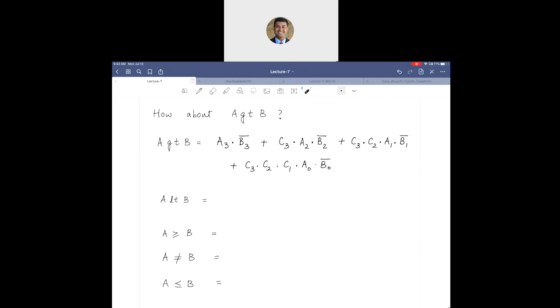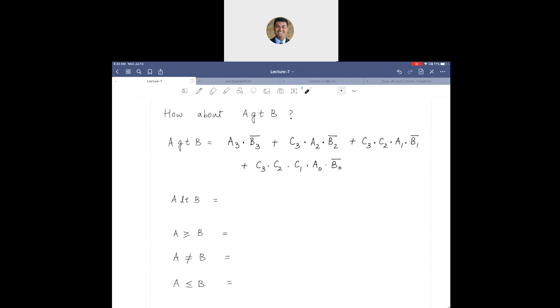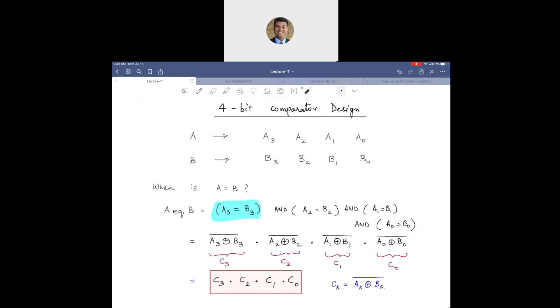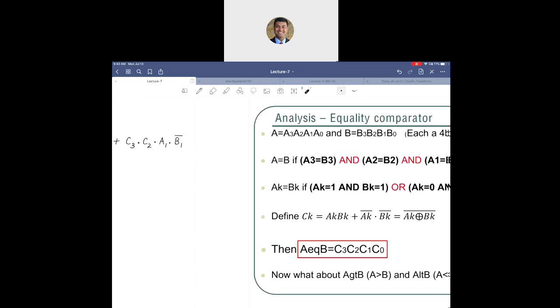All right. So on this slide, we have A greater than B. Earlier, we had A equal to B. Using these two results, can I somehow get A less than B? How can I write A less than B?